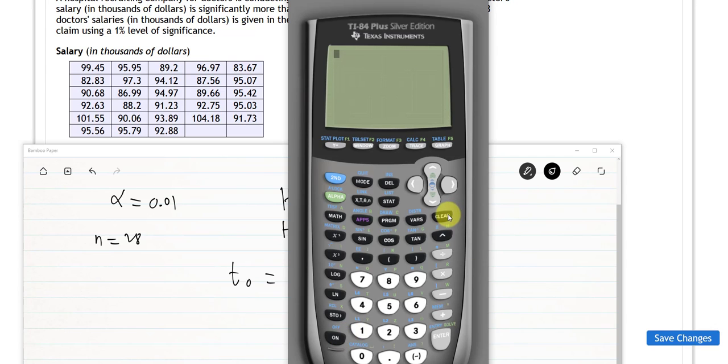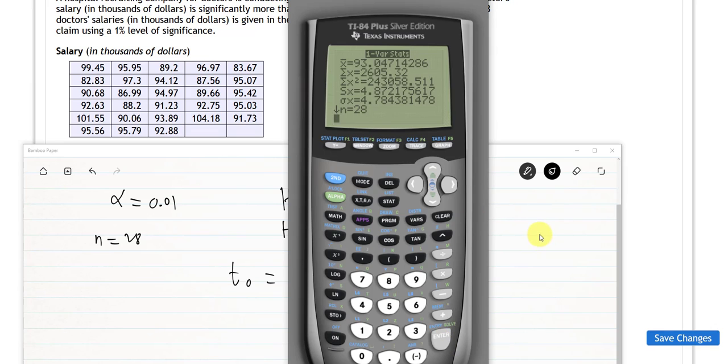First I go to Stat, Edit, and enter all the numbers of the table into list L1. After you enter all the values into L1, go to Stat, Calc, click on 1-Var Stats, list L1, and then you got everything here.